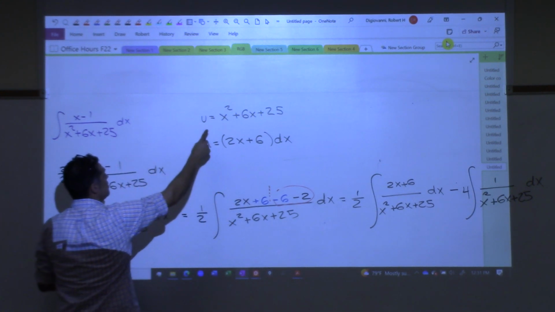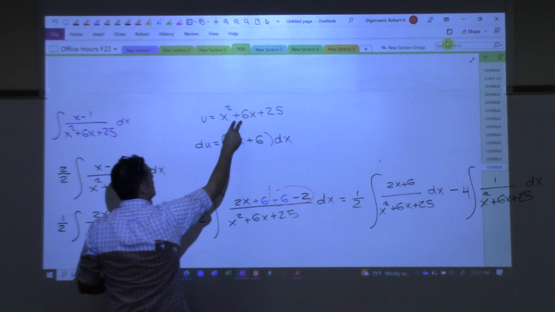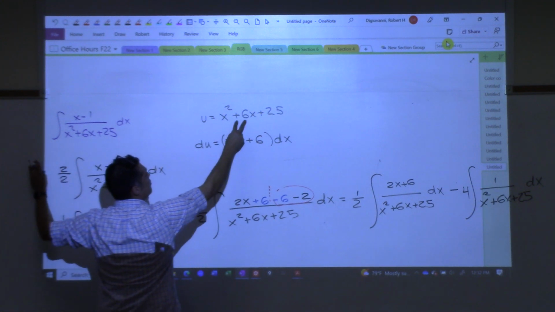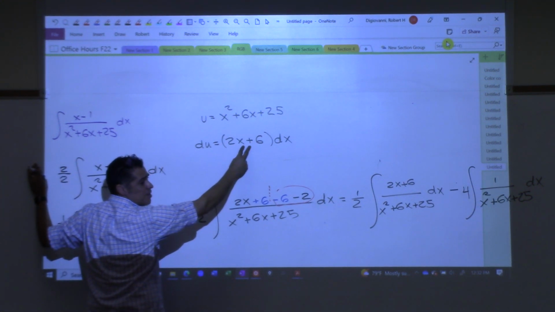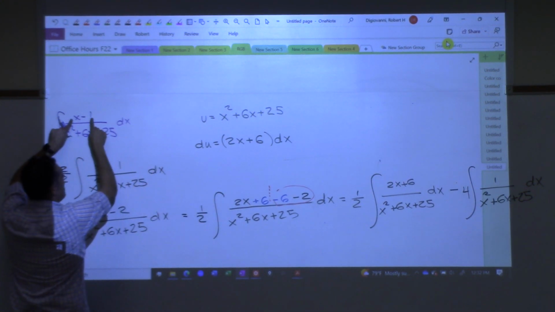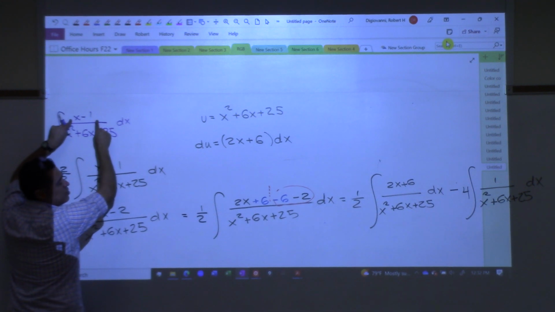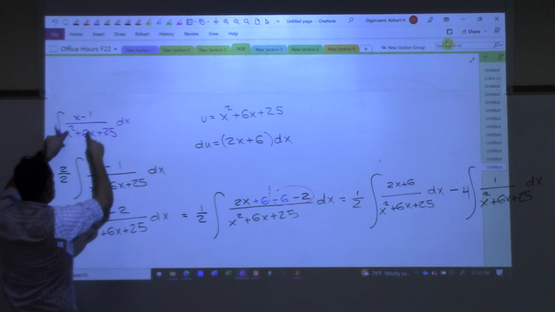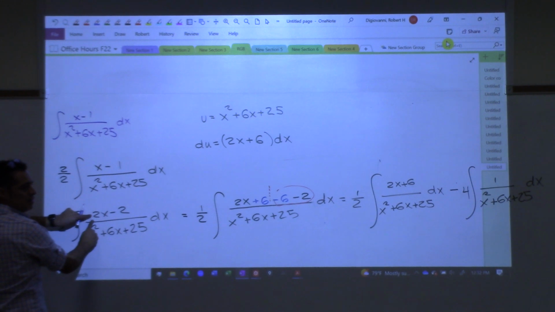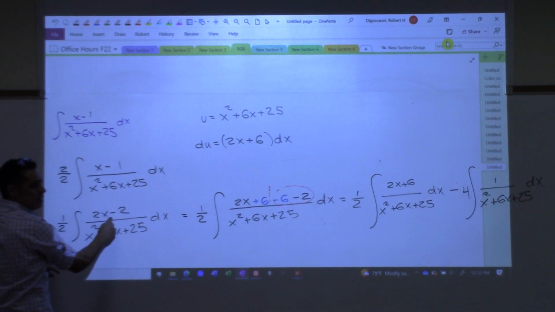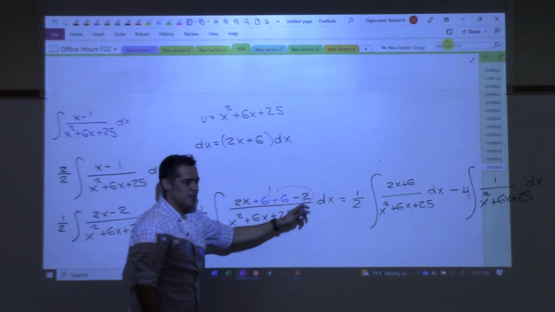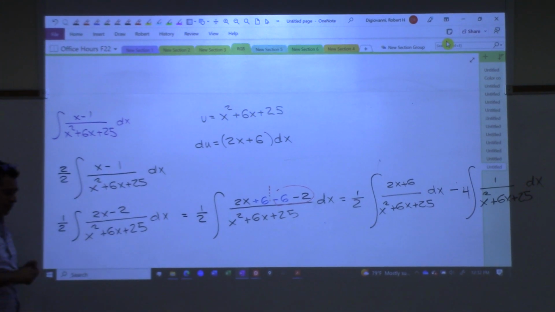The original thing was, this is what would happen if I let u be the denominator. I would really love to see this appear somewhere. But that's what I have. I want that to look like 2x plus 6. So first I make it a 2x. And then I just need a +6 here. So I make it a +6 minus 6, and then I still have the -2. I get it.